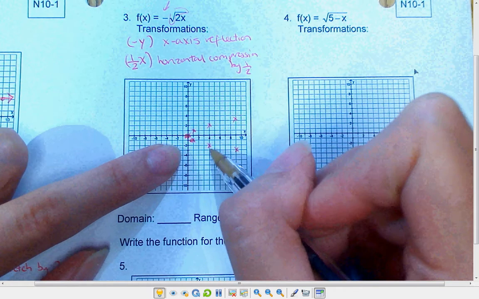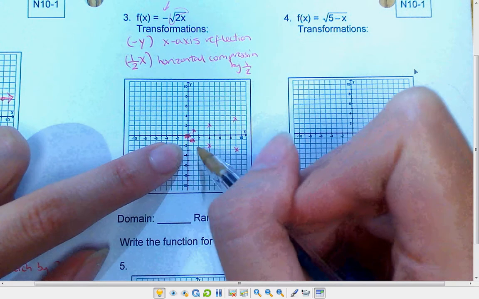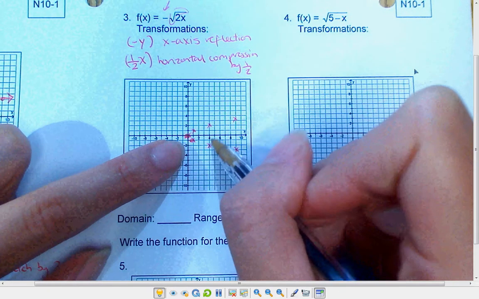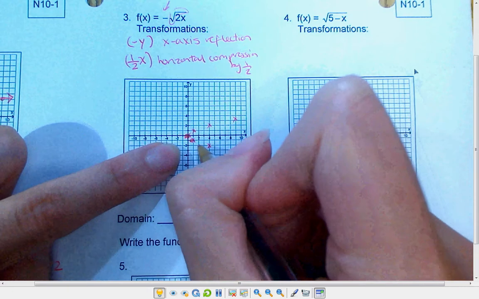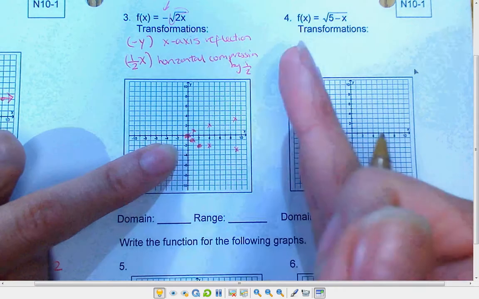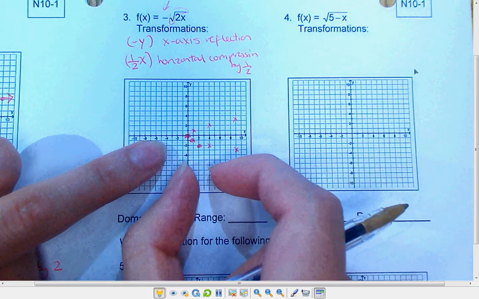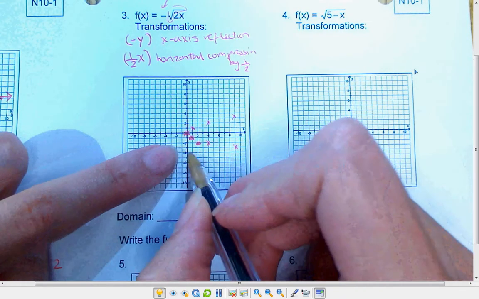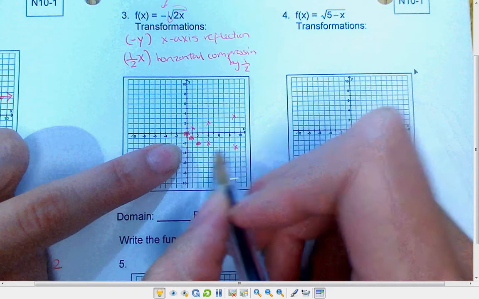This one's going to be a little easier to see. If you look at (4, -2), we're compressing it horizontally, which means we're going to be moving it left and right. So right now my x value is 4. If I cut that in half, half of 4 is 2. 2 is going to be my new point right there. So see, I'm squishing it horizontally. It's getting smaller horizontally. Now my next point is (9, -3). Again I'm squishing it horizontally.